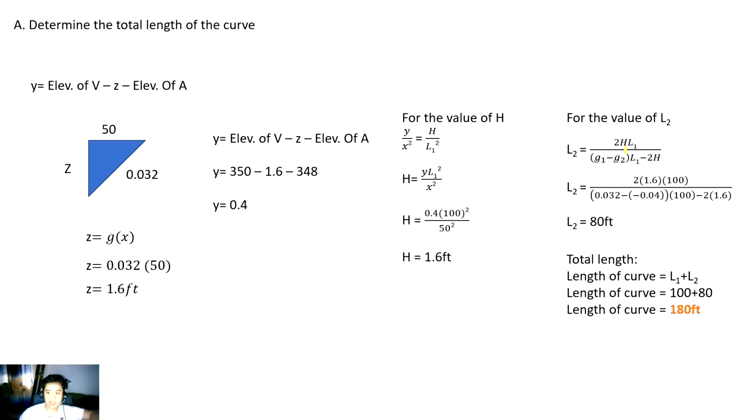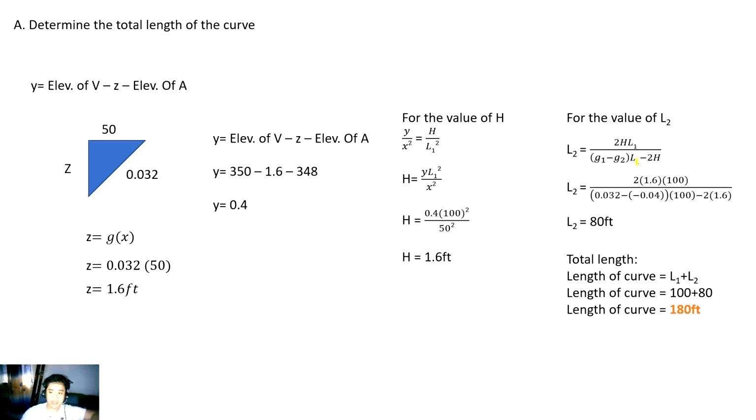So, para naman sa L2, ganun din ang formula. So, 2HL1 over G1 minus G2 times L1 minus 2H. So, substitute natin. So, 2 times H, which is 1.6 feet. Then, L1, which is 100. Tapos, ang G1 natin ay 0.032 minus yung G2, which is negative 0.04.